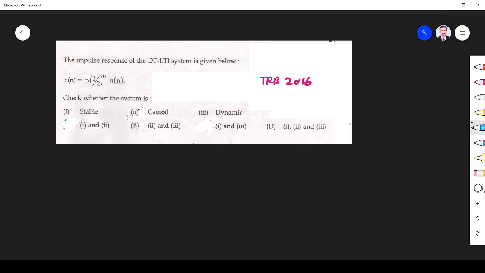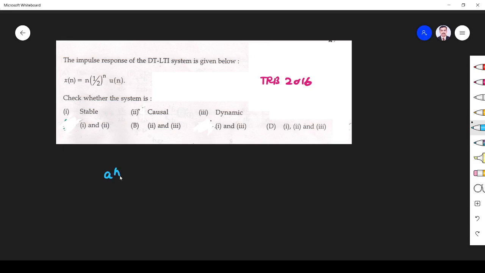But what about the causality and stability? First we find the Z transform of this one. Because it is in the a power n u of n form, I am going for the Z transform. We can solve it in a different way, but let me go for the a power n u of n formula.